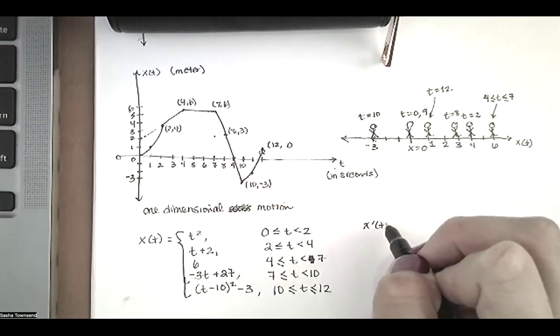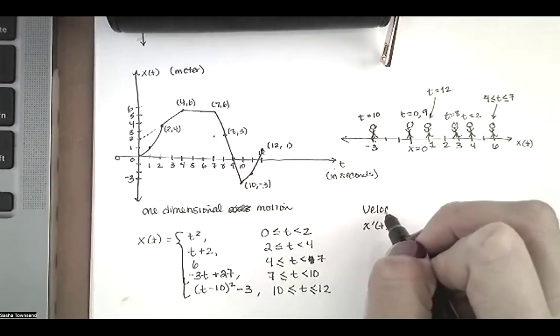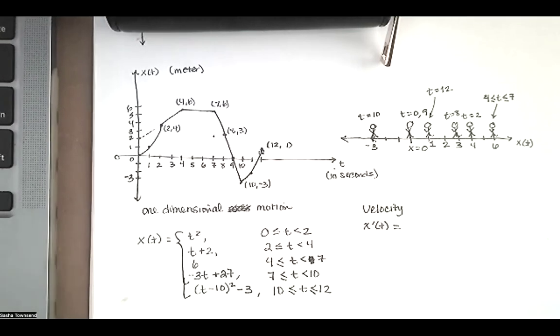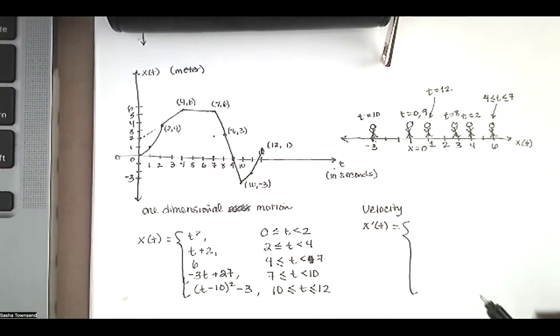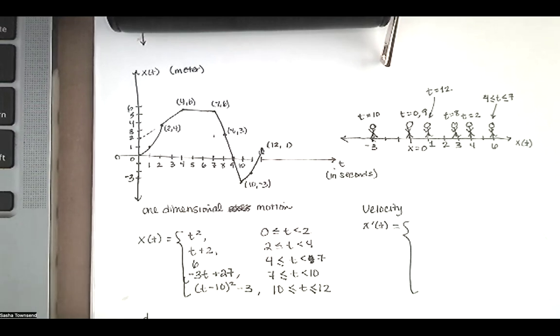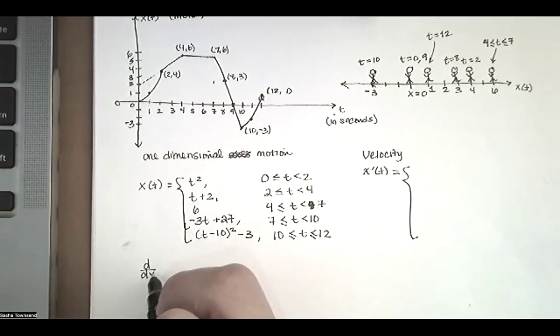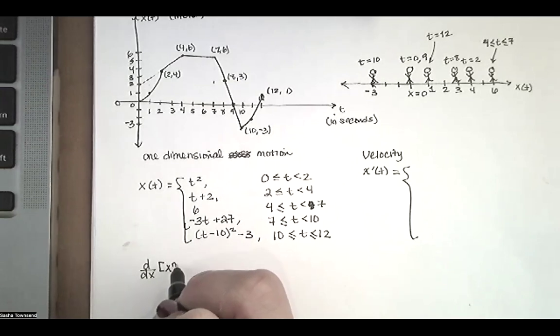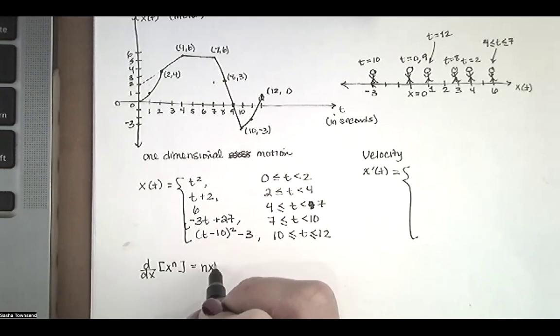Now our velocity is given by x prime of t. So if we want to, we can just compute those derivatives for each of those pieces, just using our basic derivative rules. One of our derivative rules was that the derivative with respect to x of x to the n is n times x to the n minus 1.